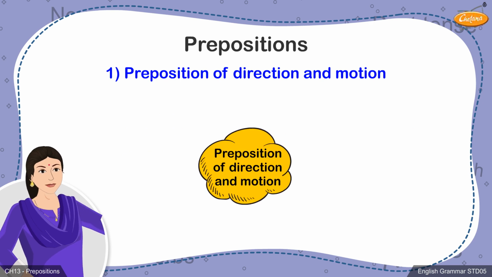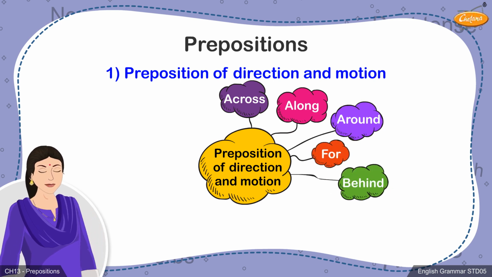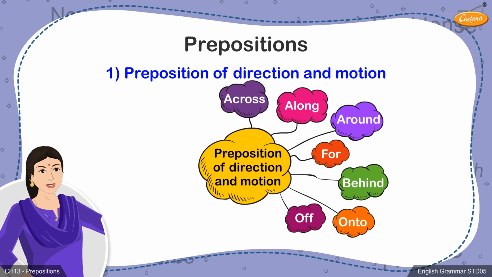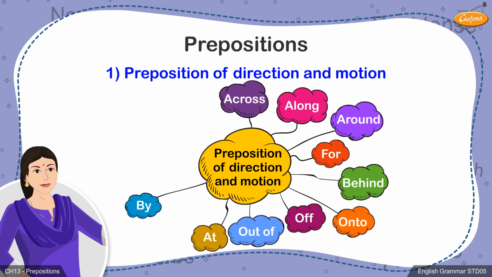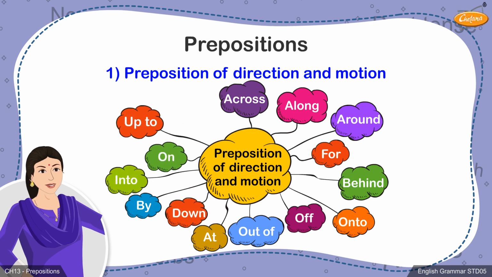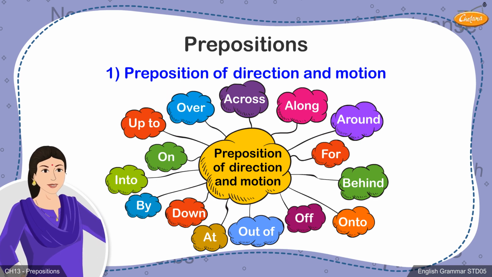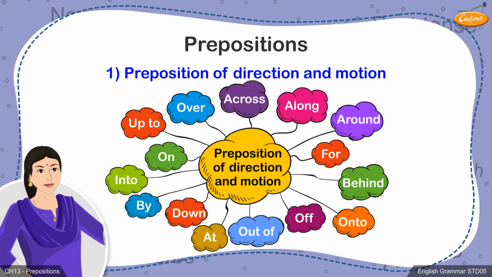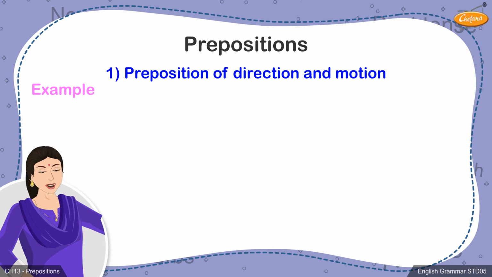Prepositions such as across, along, around, behind, for, off, onto, out of, at, by, down, into, on, up to, over are some of the common prepositions of direction and motion. Let's use some of these prepositions in sentences to see how they are used.